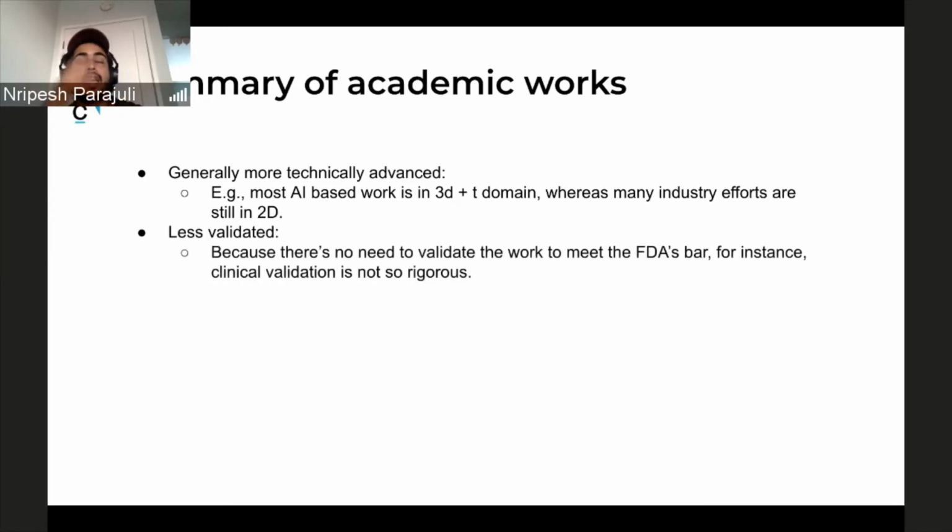For us in industry, we have to meet the FDA's bar, and the validation and statistical analyses that you have to do are really rigorous. Obviously, some companies do it better than others, I imagine, but I have found the FDA's bar and rigor to be pretty good.